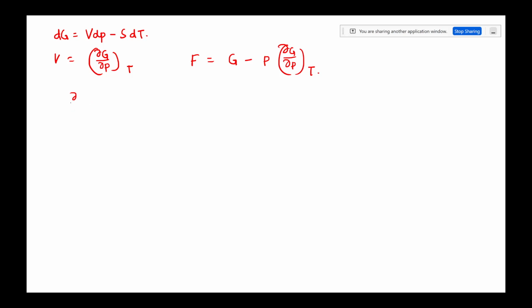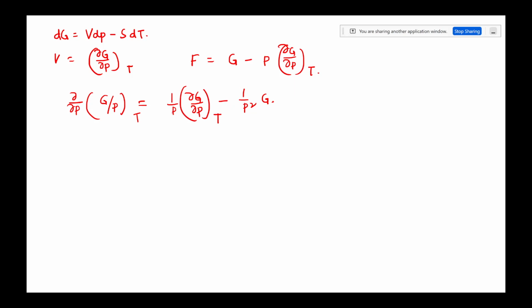So if we write d/dP of G by P, that becomes 1 by P del G del P, keeping T fixed. Another thing is minus 1 by P square G. Now see, there is one minus sign.